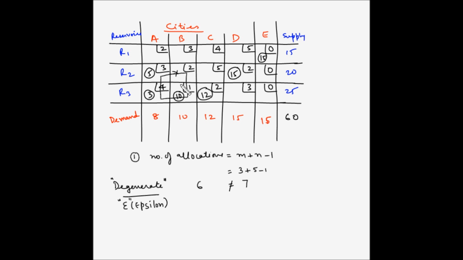So this should not be the case. Also, in case there are more than one independent water squares, epsilon should be assigned to the one which has the minimum per unit transportation cost.